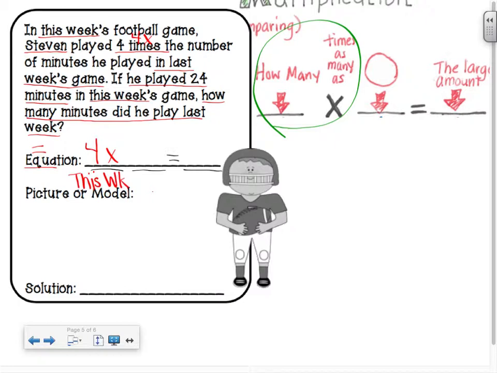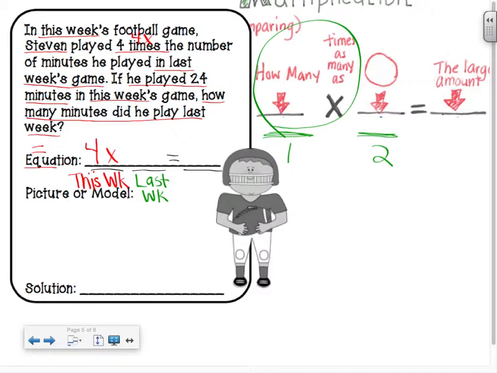It has to be one thing or person versus another thing or person. Right? In this case, it's this week versus what? Last week. Let's go ahead and write who we're comparing against. This week versus last week. So we're comparing 2 things or 2 time periods.